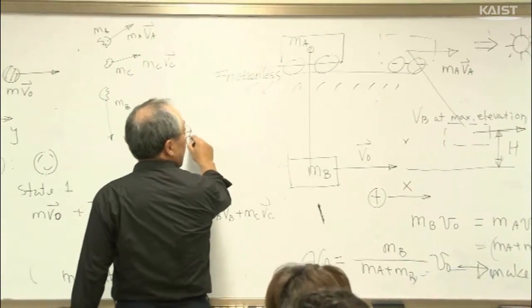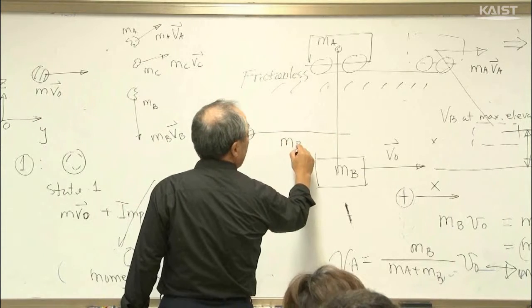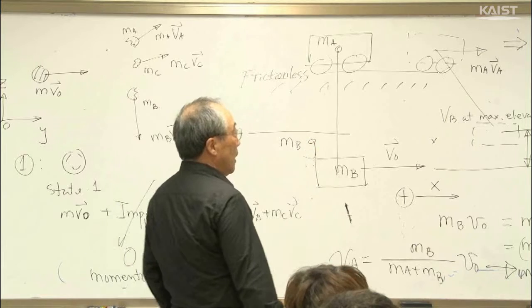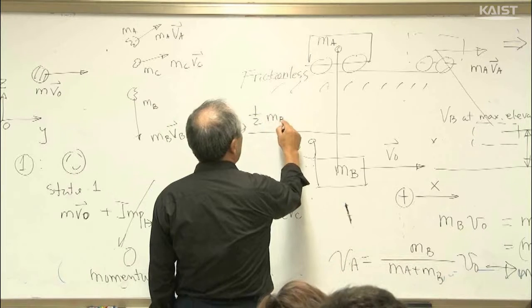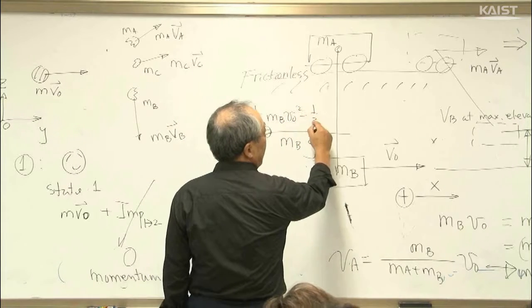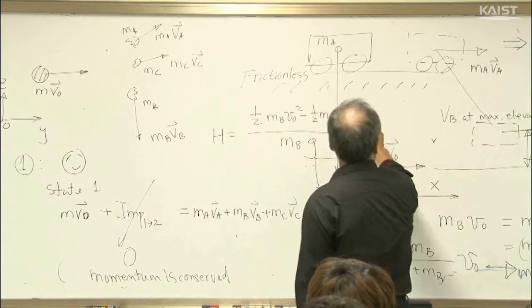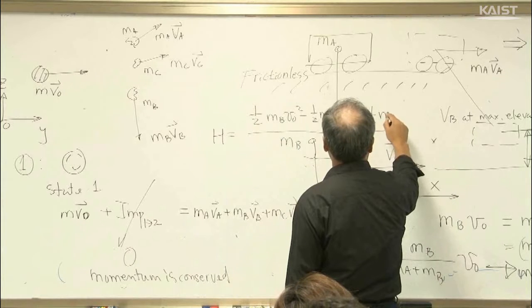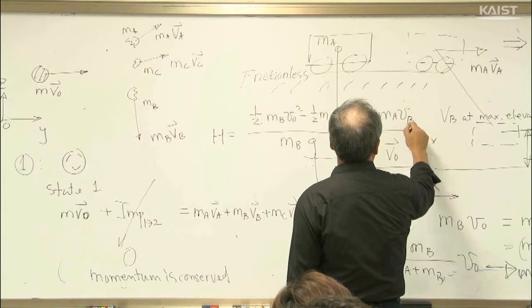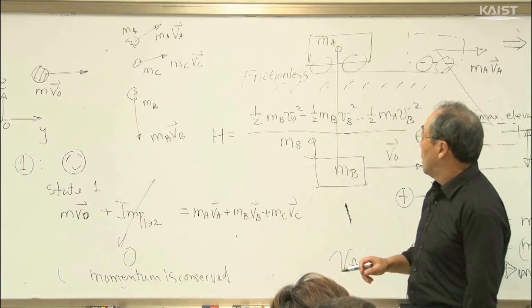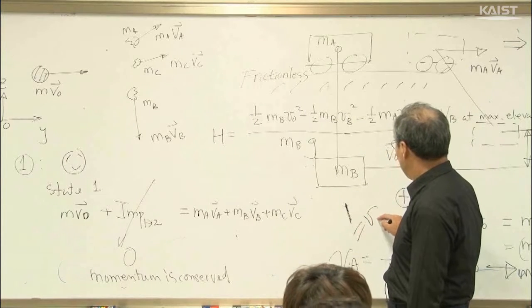Height has to be equal to MB G, and then 1/2 MB V0 square minus 1/2 MB VV square, and minus 1/2 MA VA, that is the same as VV, so that is VV square. And I have to plug this value over here.